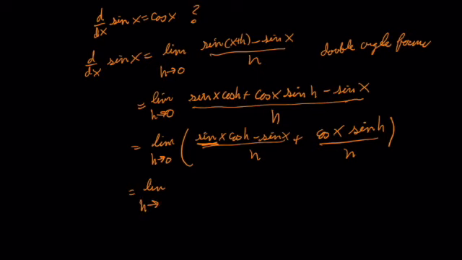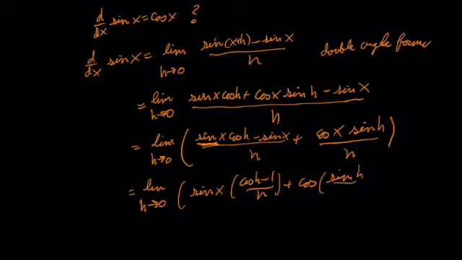So I have the limit as h goes to 0 of sine of x times cosine h minus 1 over h, plus, on this side I'm going to factor out a cosine x, times sine of h over h. Okay, and we can use our limit rules to know that the cosine of 0 is 1.